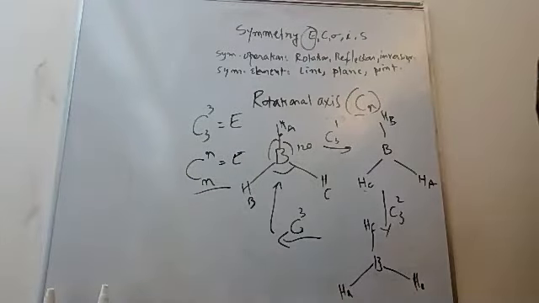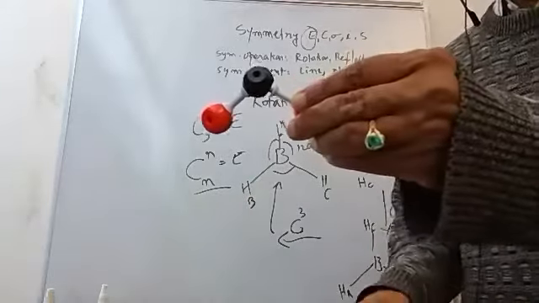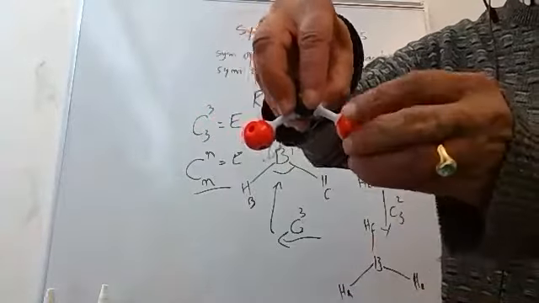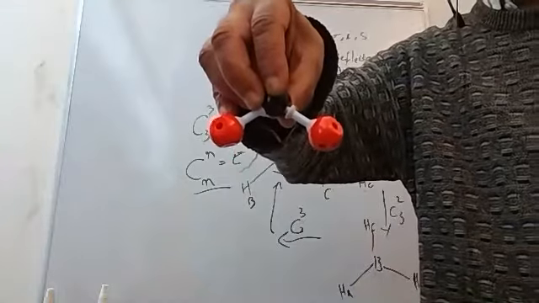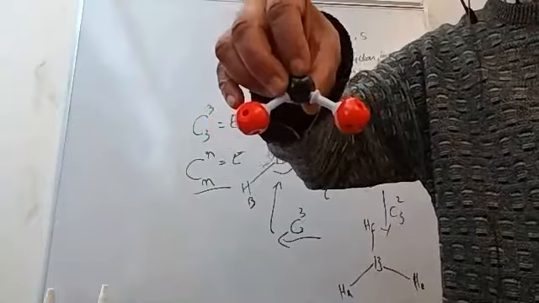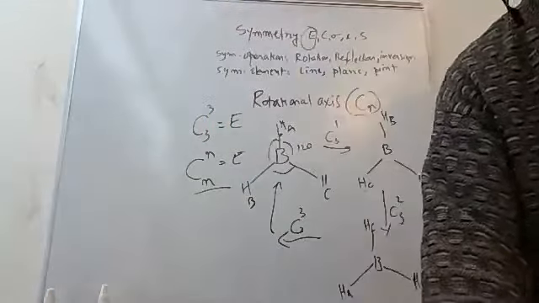If it is a C2, right? Remember this C2 in the water molecule? If I do one, it rotates this way. If I do one more time, it comes back to the original shape, as if nothing has happened to the molecule. So C2 two in the case of water is identity.